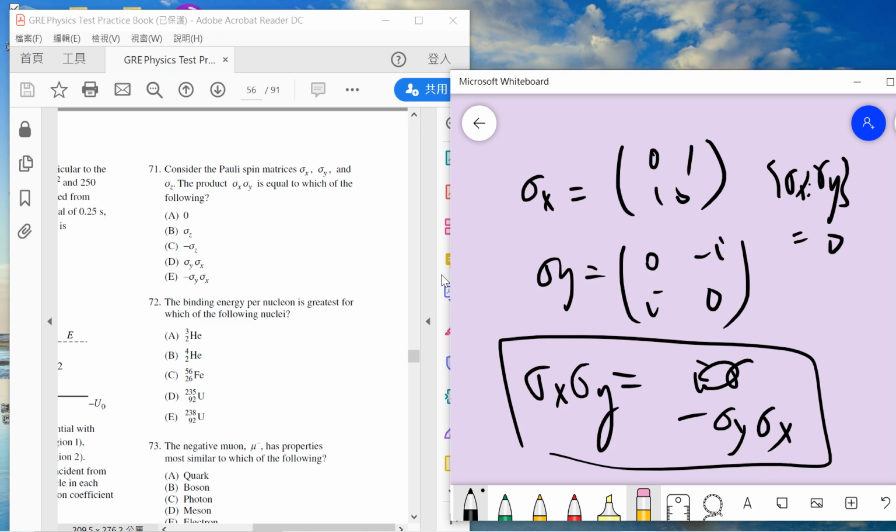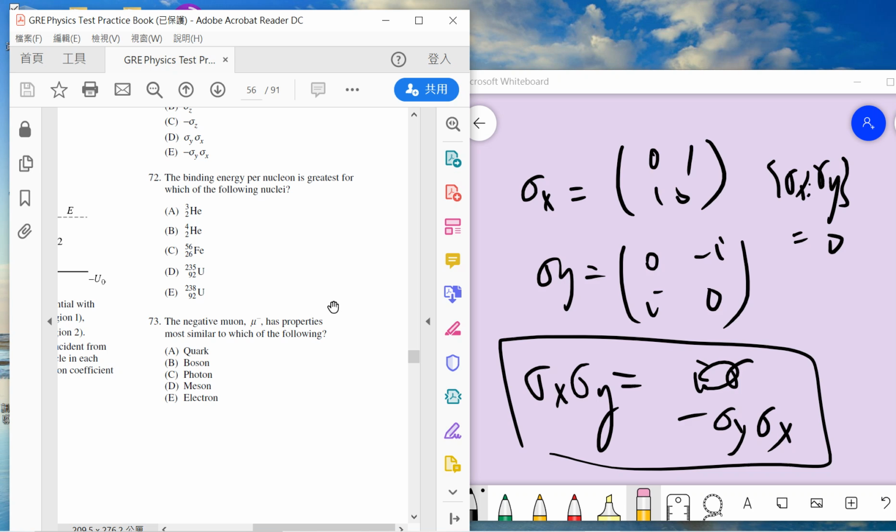And 72 is famous: the binding energy per nucleon is greatest at iron. The answer is C. This is important. Okay, so 73, the muon.